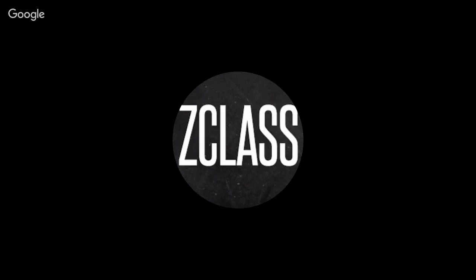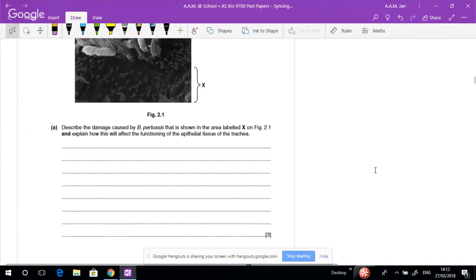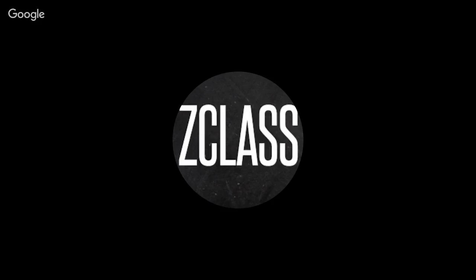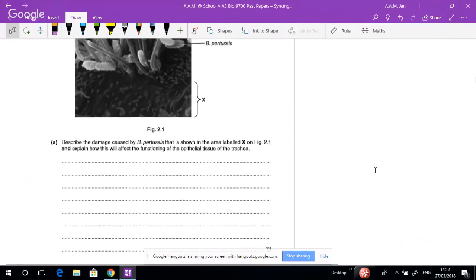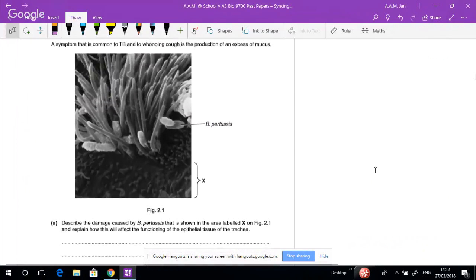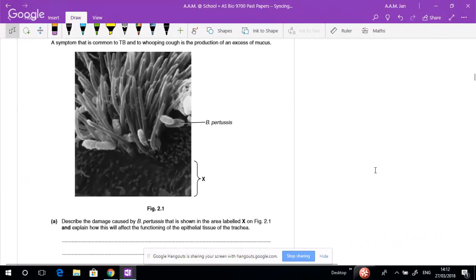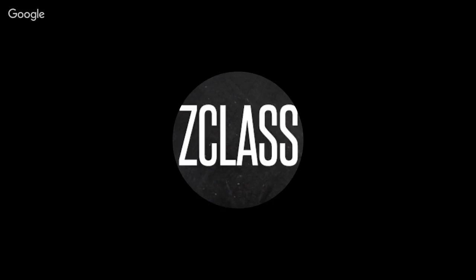Yes. So before we go into this answer, it's a 3-part question. We're going to describe the damage caused by this microorganism and then explain how it will affect the functioning of the epithelial tissue.